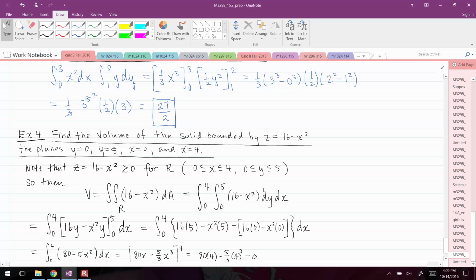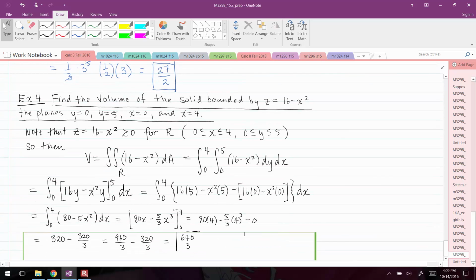And if you have the minus x squared, we're holding it fixed, so it's like a constant, and we get the same thing there, where it's just going to be attached to a times y. Then you plug in the 5 first, minus the 0, which ends up being 0. So we end up with 80 minus 5x squared.